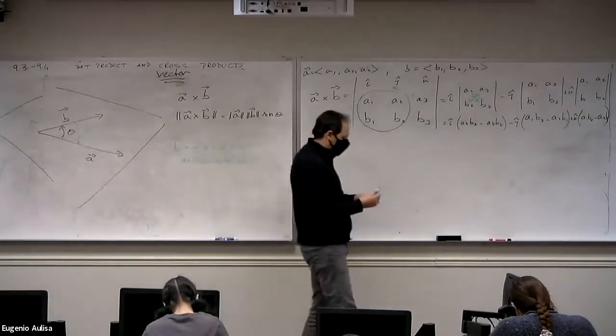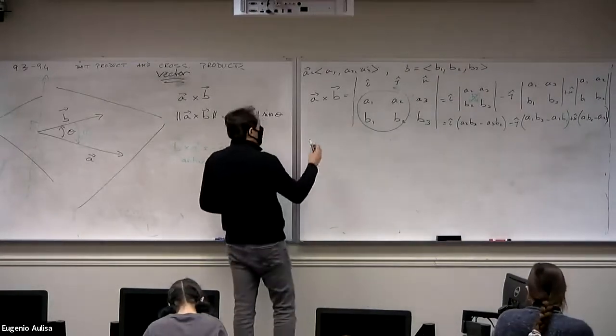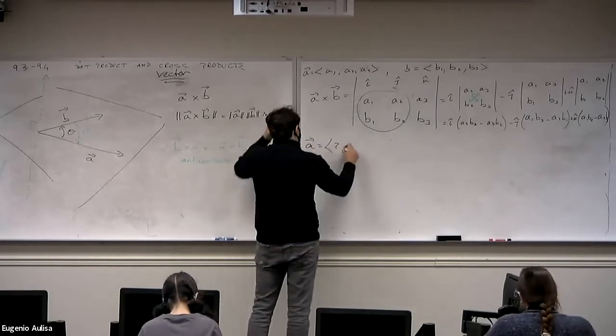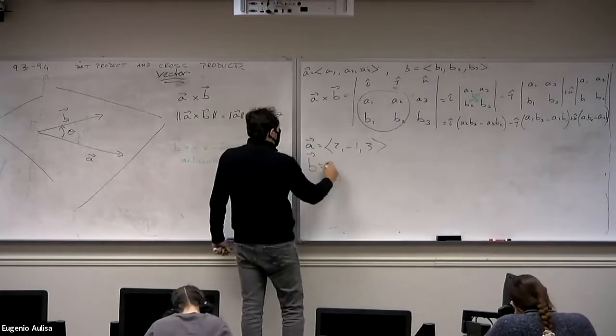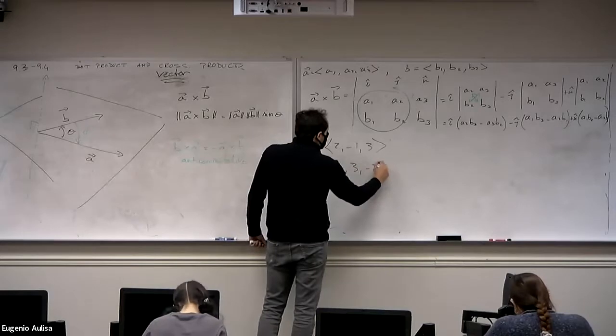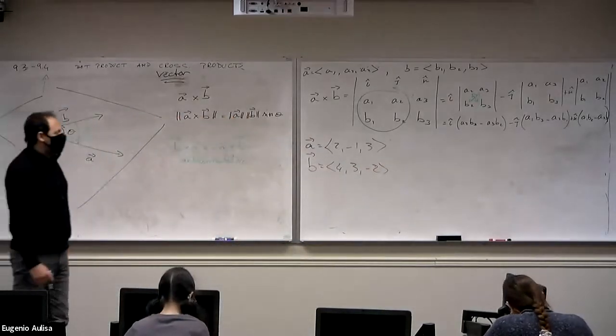So let's do immediately an example. What is A? It's going to be the vector 2, negative 1, 3. Vector B is going to be 4, 3, negative 2. What is A cross B?